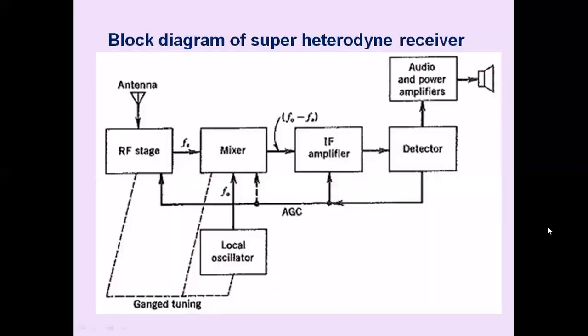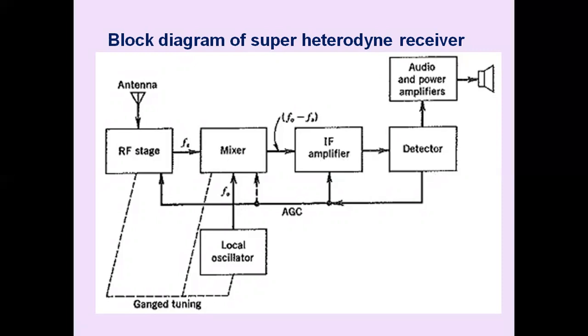And this is the basic block diagram of a super heterodyne receiver. It consists of a receiving antenna, RF amplifier, mixer, IF amplifier, detector, audio amplifier, power amplifier, and loudspeaker. Mixer is supplied with a local oscillator.